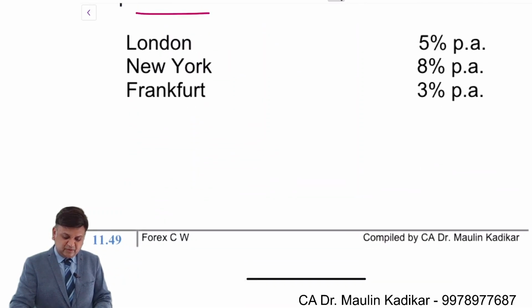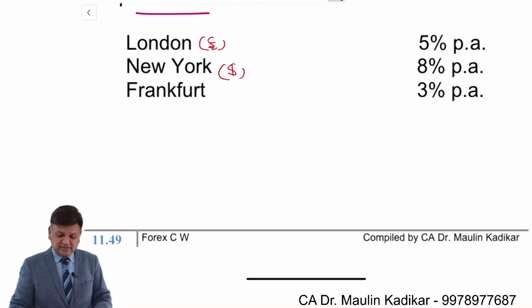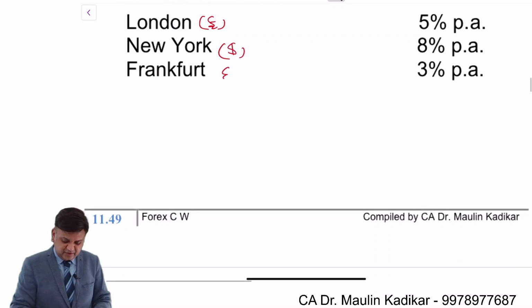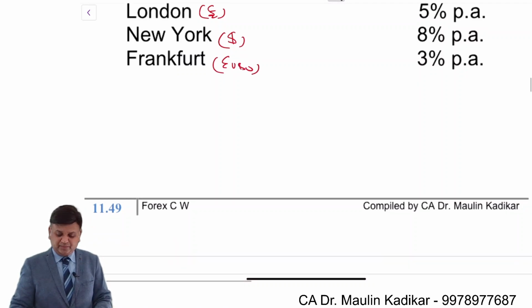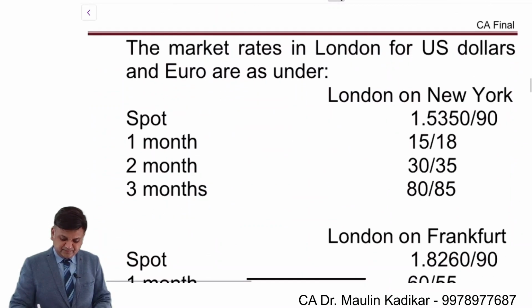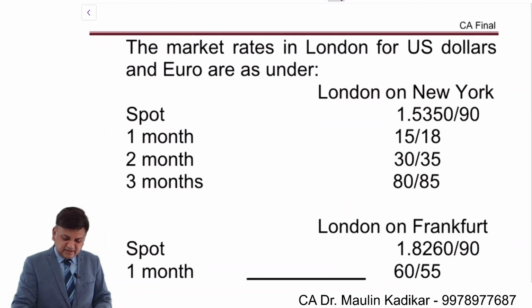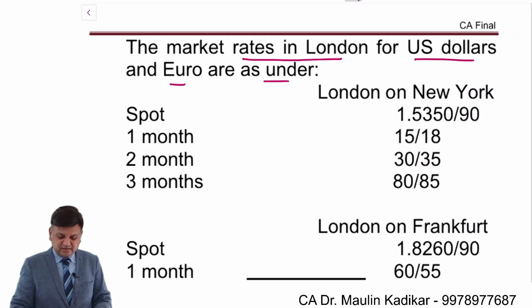So in case of the pound currency, the rate of interest is 5%. In case of dollar currency, the rate of interest is 8%. And Frankfurt, that is maybe the euro currency because it is part of euro group, 3%. The market rates in London for United States dollar and euro are as under.